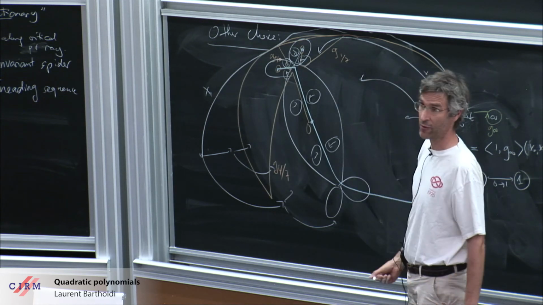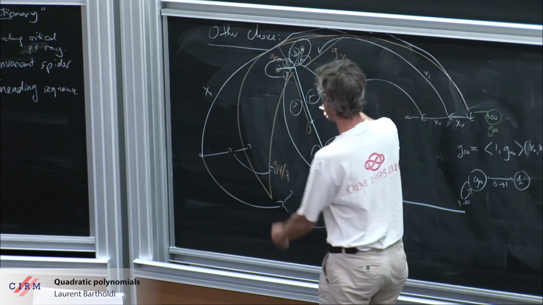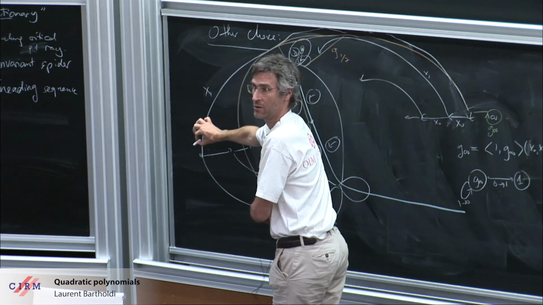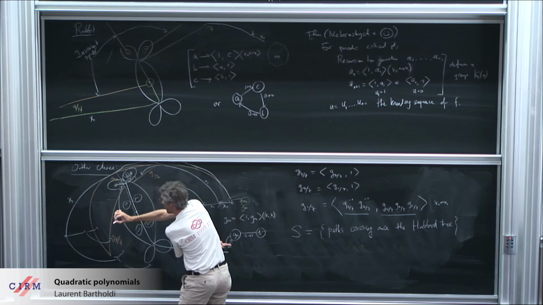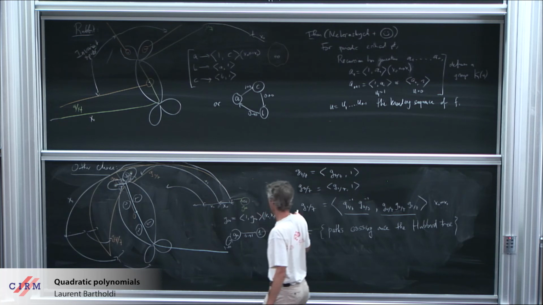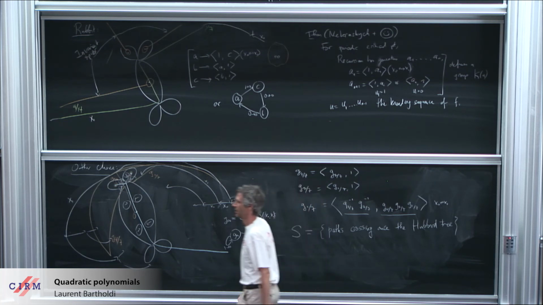And I won't do it now for lack of time. But if you choose these states, and you take this to represent the path that crosses once across the Hubbard tree, from connecting to infinity by the extension, there's a unique way of coming back, then you will have an automaton.